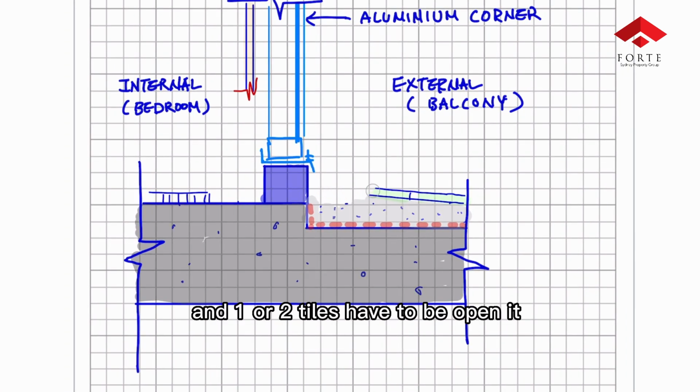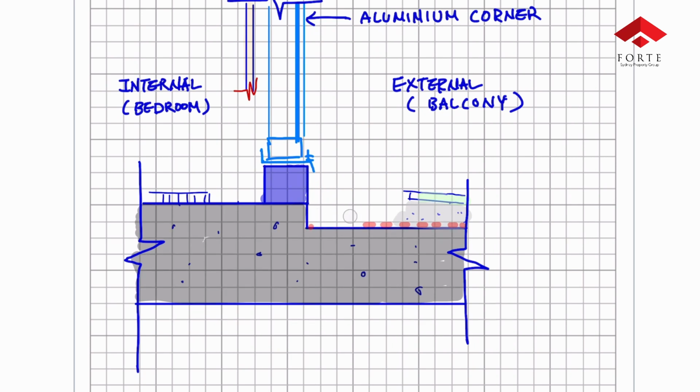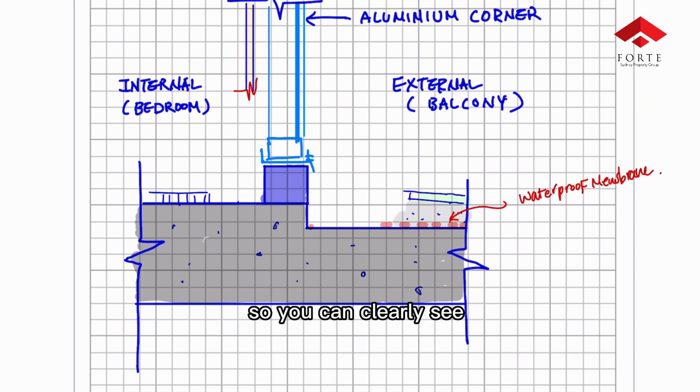One or two tiles have to be opened. Maybe the waterproofing will be damaged. And this is the waterproof membrane. Now what we have to do is investigate this area. You can clearly see there's no waterproofing done properly.